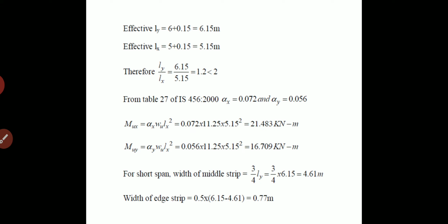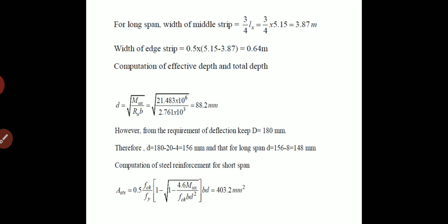This value we can also convert into Newton mm. How to calculate? Kilonewton converts into Newton by multiplying by 10 to the power 3, and m converts into mm by multiplying by 10 to the power 3. So overall, when we convert to Newton mm, we multiply by 10 to the power 6.